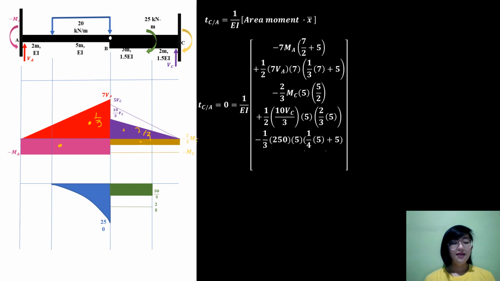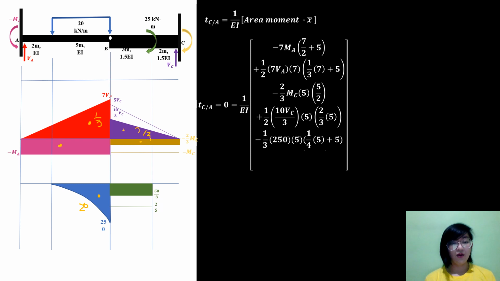So, next is this one. Itong diagram na to naman. So, let's assume na ang centroid nito ay nandito. Ayan. So, sabi ko nga kanina, yung formula for this ng area is 1 over 1 plus n times base times height. So, this one is 2 degrees, diba? So, 1 over 1 plus 2, so 1/3. So, 1/3 times yung height, which is 250, times yung base, which is 5, times yung centroid nito.